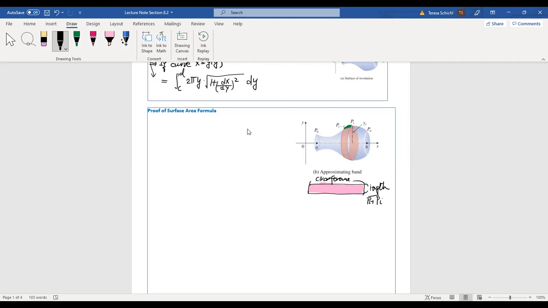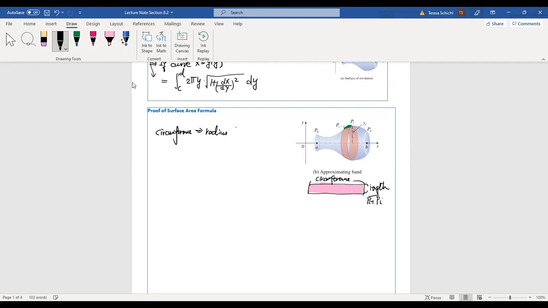All right, so in here, the first thing is how do I find the circumference here? So if this strip is small enough, then I know the radius here is from here, right?